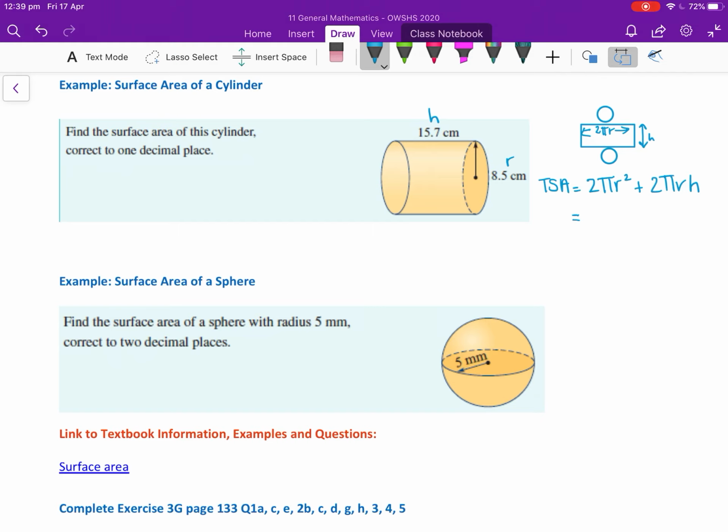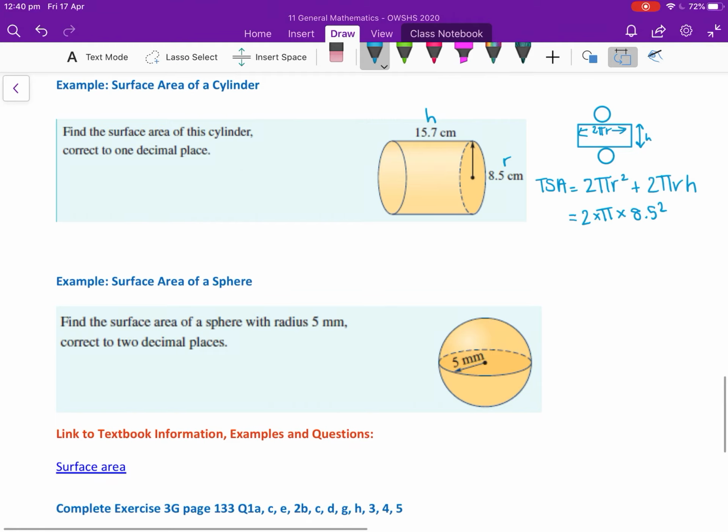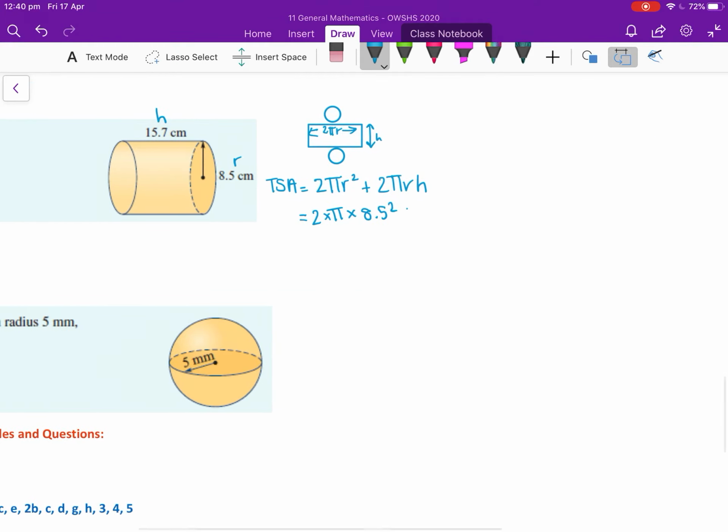So the rule tells us, and again, we multiply in between each of the terms. So 2 times pi times our radius, which is 8.5 squared, plus 2 times pi times our radius, again 8.5, times our height, which was 15.7.